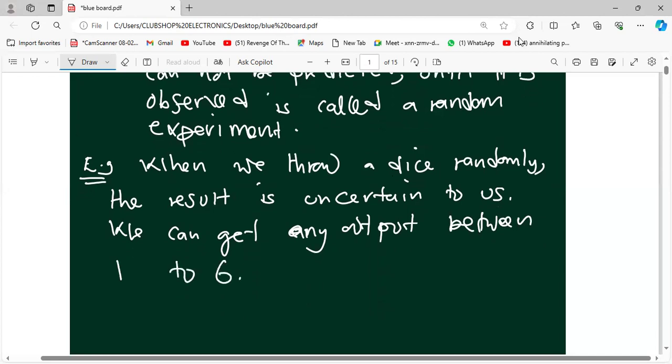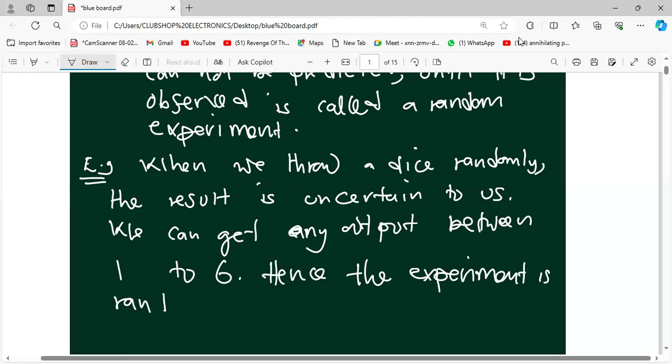So when you throw a dice, you're not sure what will show up as that dice runs, but any of the numbers from 1 to 6 can show up. Hence, because we are not sure, the experiment is random, because any of these numbers is likely to appear.